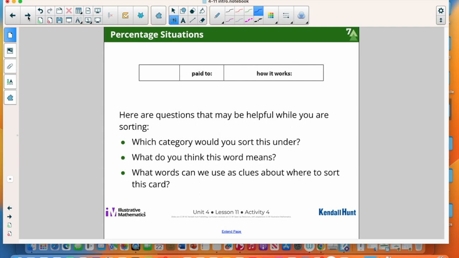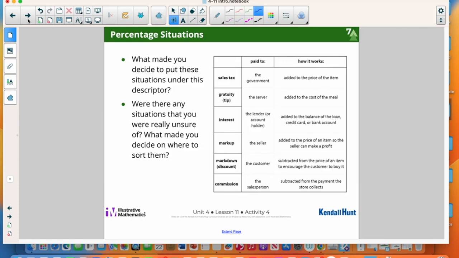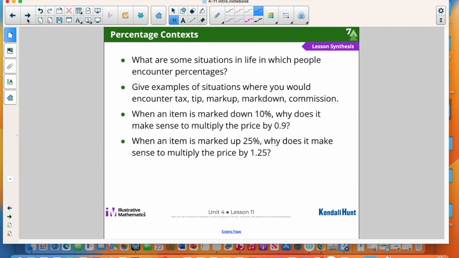Is it paid to the business to help you out? And this chart is in your notes that you can refer to. So, different scenarios. Sometimes we need to add to 100 for the percent. Sometimes we don't. You have to think through the problem and put those puzzle pieces together.